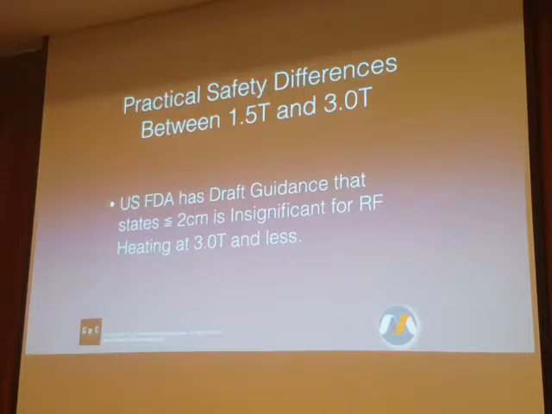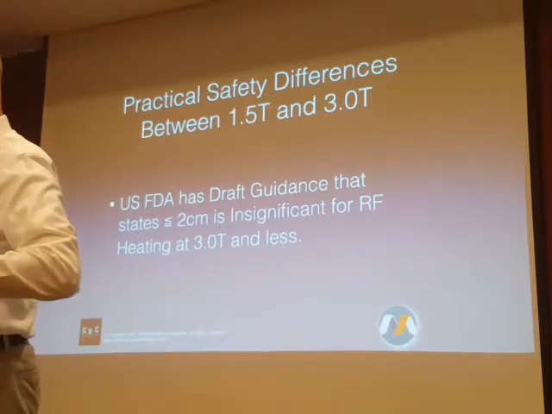You take that exact same wire, and now instead of being inside the body, you pull it outside the body and it's in air. Now all of a sudden the resonant frequency length that it takes to produce heating in it changes dramatically. It actually gets much longer in air than inside human tissue.